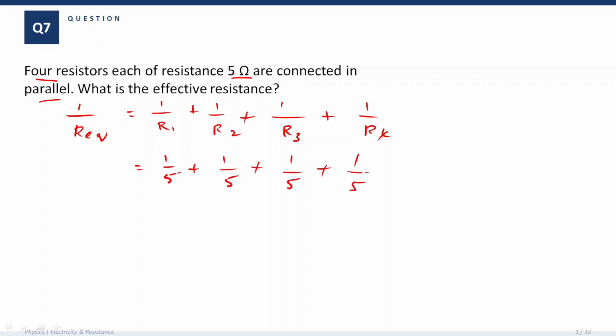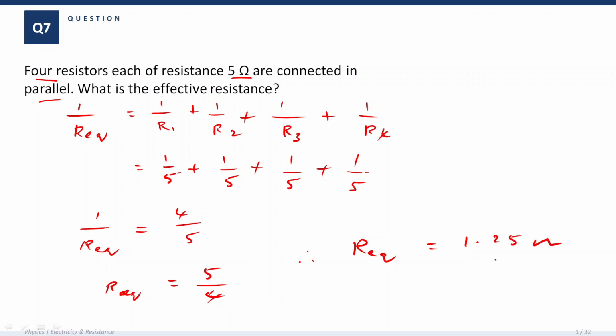The resistance of each resistor is the same, 5 ohms, so that equals 4 by 5. Then R equivalent equal to 5 by 4, therefore R equivalent equal to 1.25 ohms.